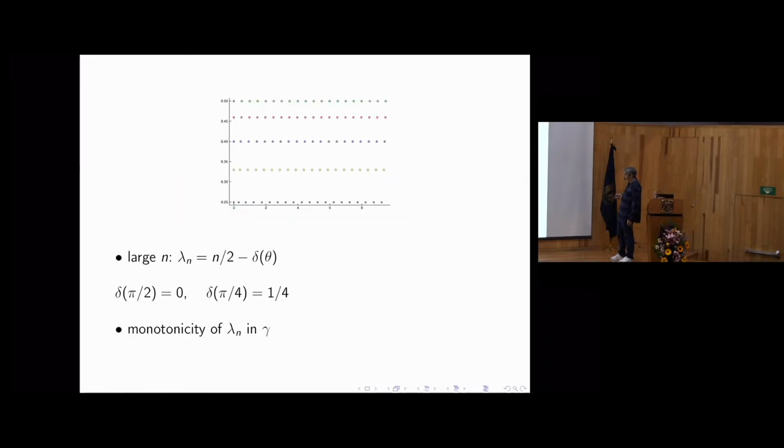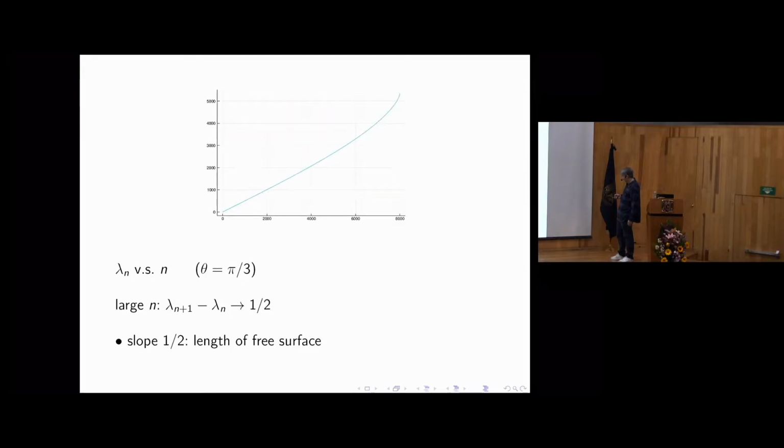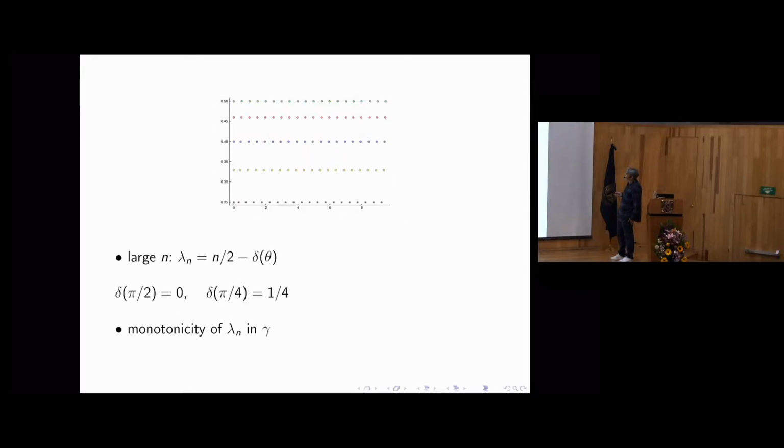The second point, which is not very clear here, is that for large n, we have a constant shift. We start with n/2, which is the value of the eigenvalues for the vertical walls. And then for large n, we have an asymptotic shift.